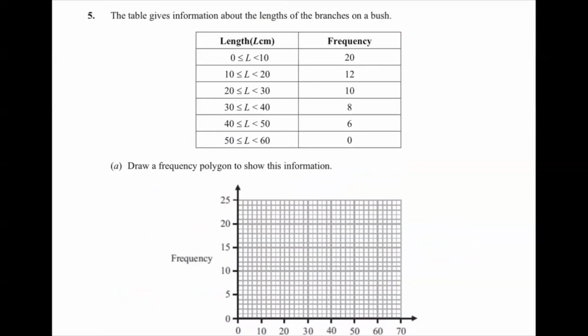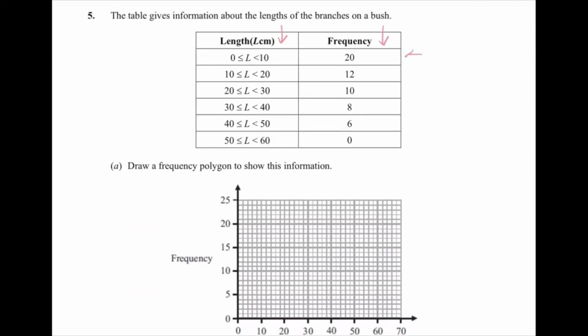Okay, so we're being asked to draw a frequency polygon to show the information. Frequency polygon is just a fancy language for a straight line graph. So basically, a straight line graph. To draw a straight line graph, we need coordinates. For this question, the coordinates come from the midpoint in this column and the frequency.